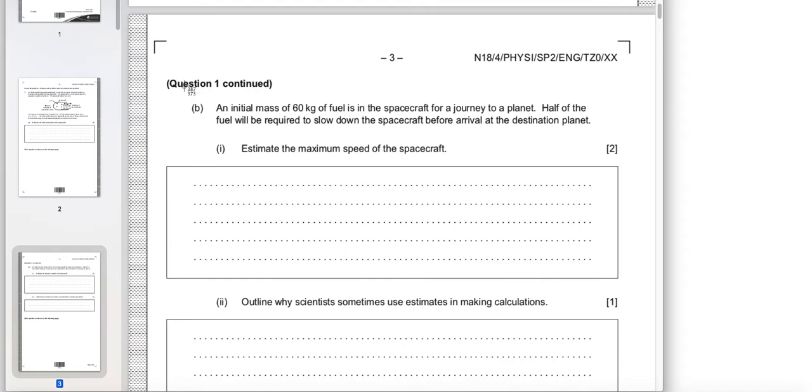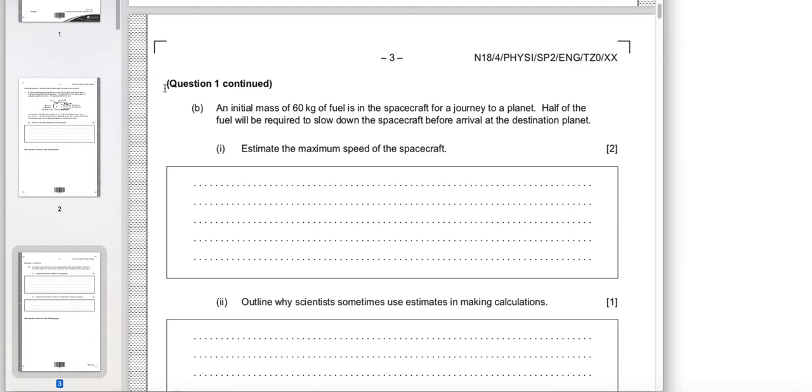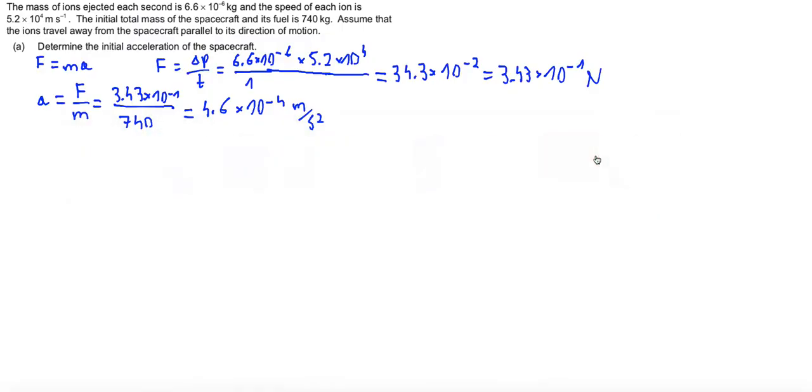spacecraft. We know that half of the fuel is needed to accelerate and half is needed to slow down. So the mass needed to accelerate is 30 kilograms.